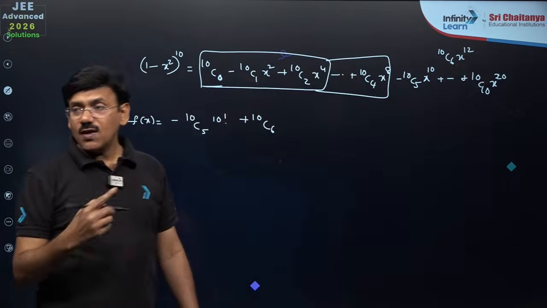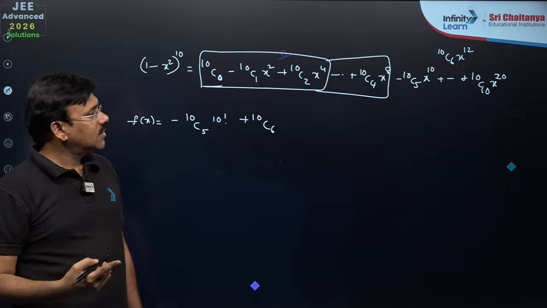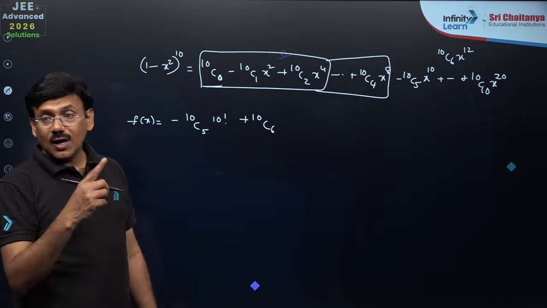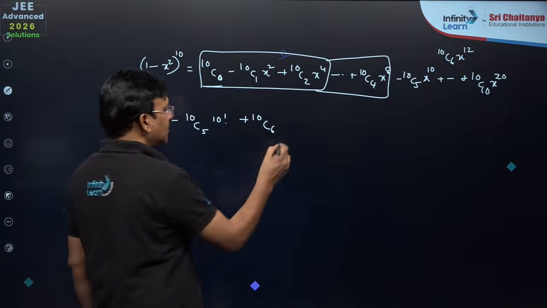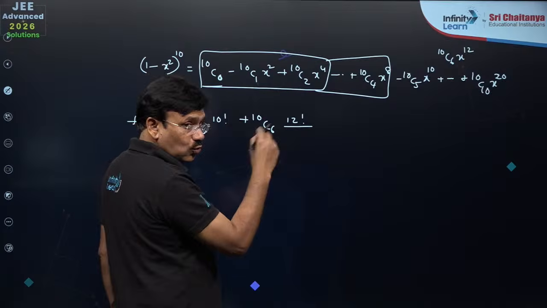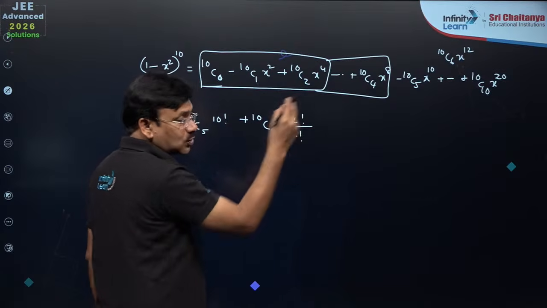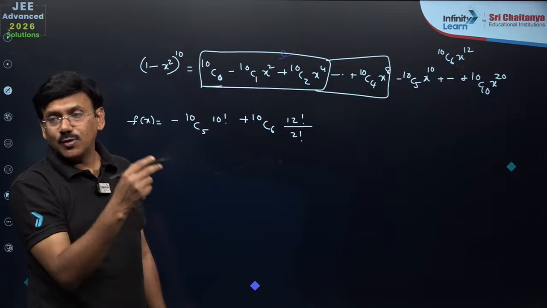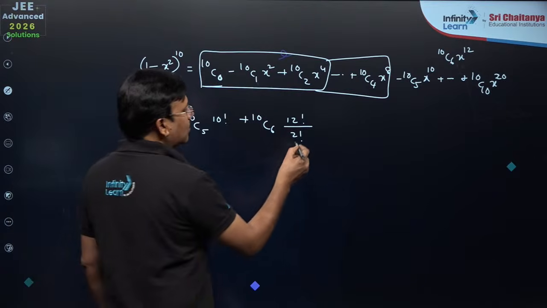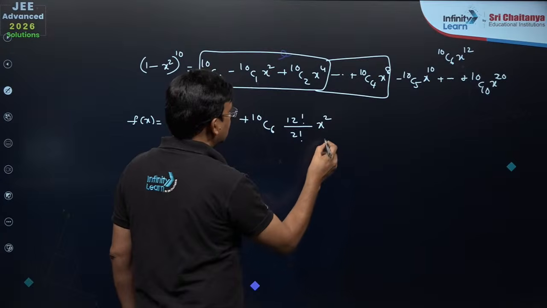If you take the derivative of x power 12 ten times, you will get 12 into 11 into 10 and so on up to 3, that is 12 factorial by 2 factorial, and here x square will be left.